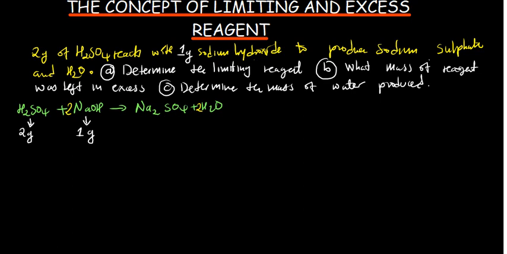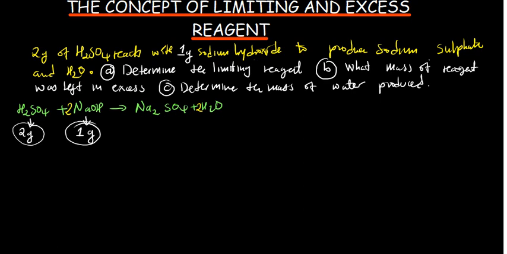Now one method that you're able to use, of course an easier one, you assume they've not given you this mass, and then you find the mass that is going to react with the sulfuric acid.